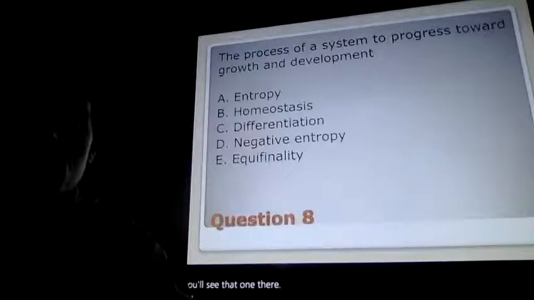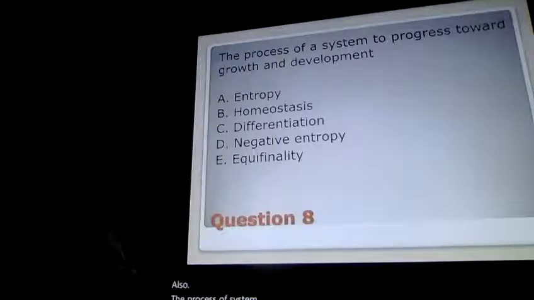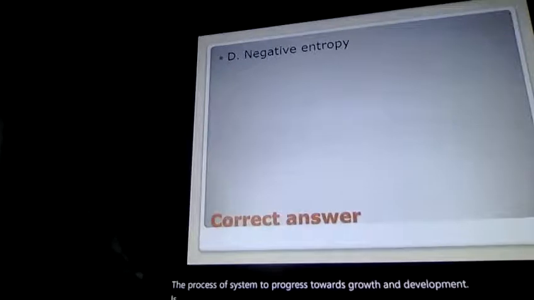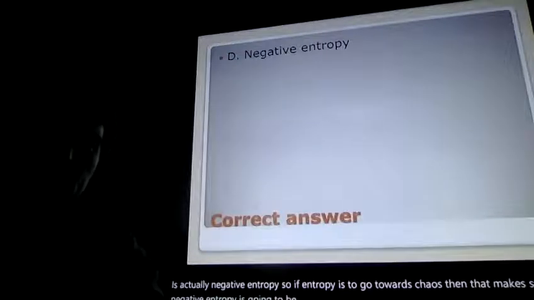Also, the process of a system to progress towards growth and development is actually negative entropy. So if entropy is to go towards chaos, then that makes sense. So negative entropy is going to be the opposite of that.